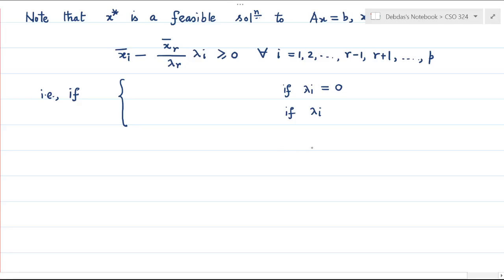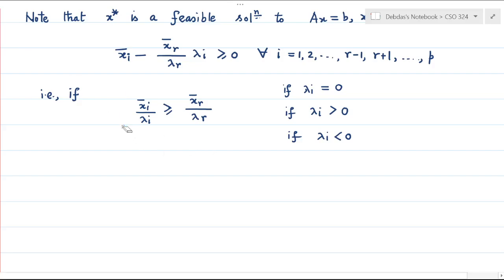If lambda_i is greater than 0, then you divide on both sides by lambda_i, so you will have x_i bar divided by lambda_i greater than or equal to x_r bar divided by lambda_r.